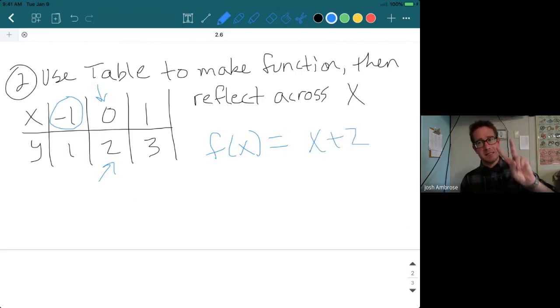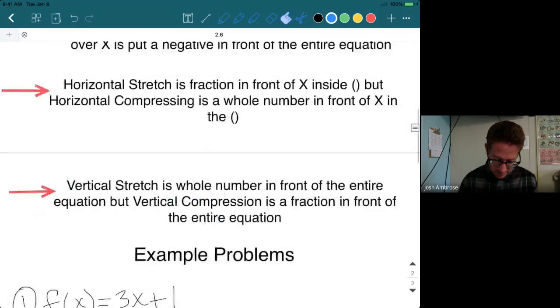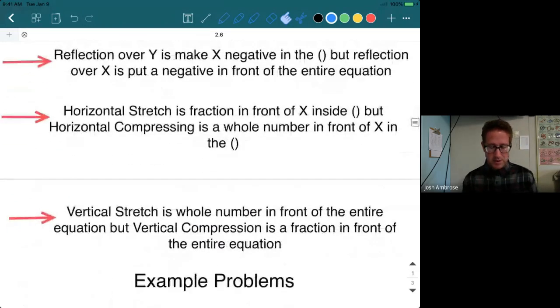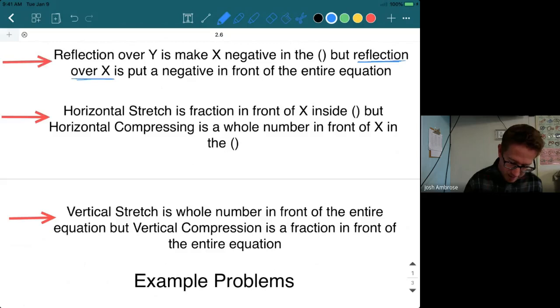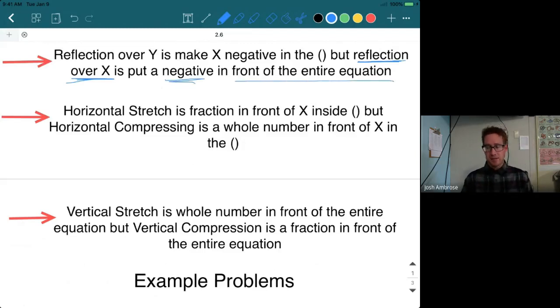Okay, second step, they want to take that function and reflect it across the x-axis. Let's do that quick review. Where in our notes does it say reflections? Right here. We want to reflect it over the x. So what do we do? We put a negative in front of the entire equation.